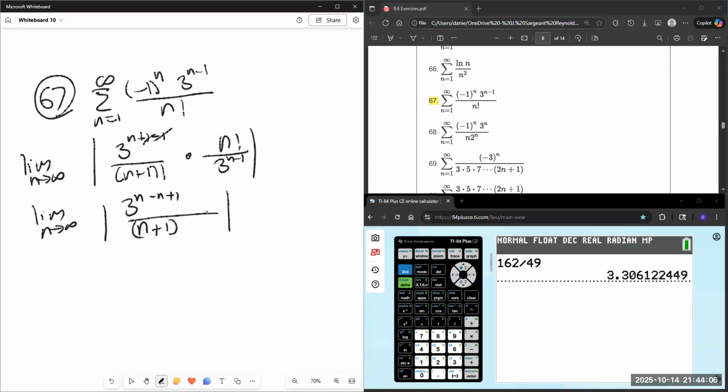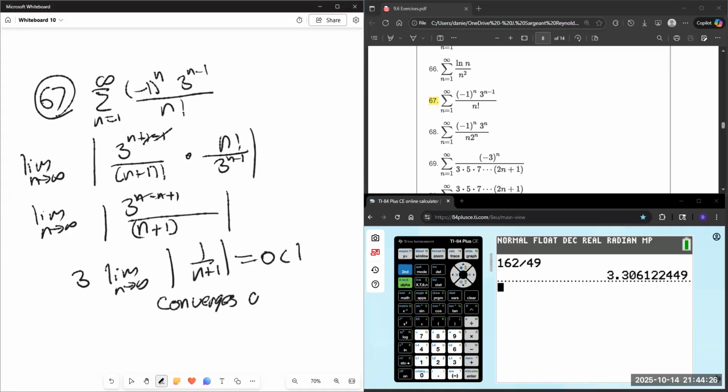So this is 3 to the first, which is 3, times limit as n goes to infinity, absolute value of 1 over n plus 1, which is equal to 0, which is less than 1, so it converges absolutely, or is absolutely convergent by the ratio test.